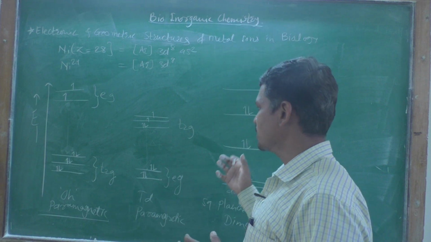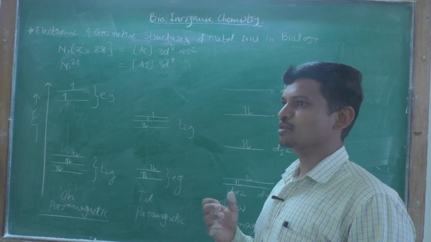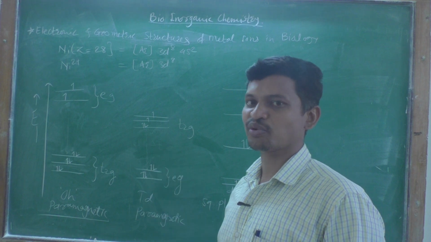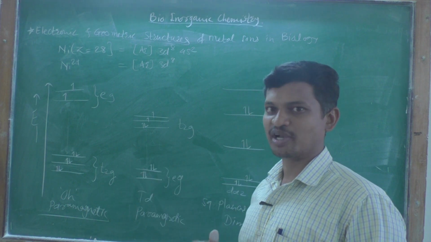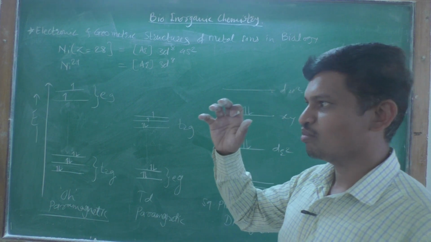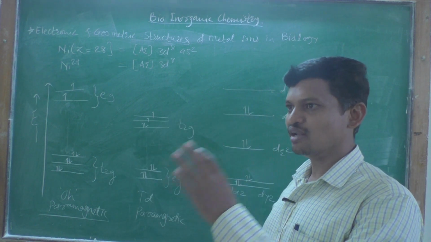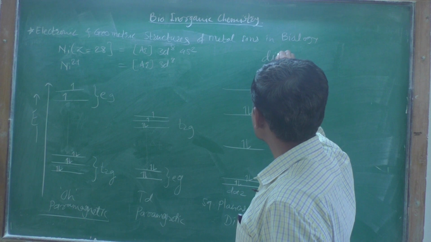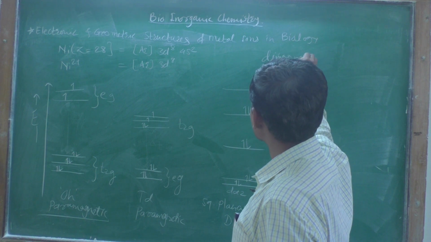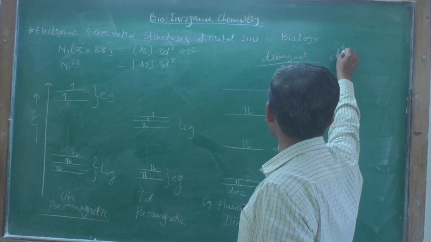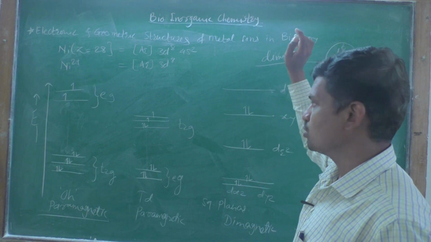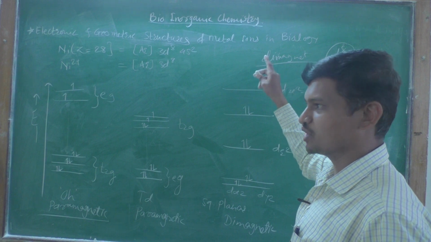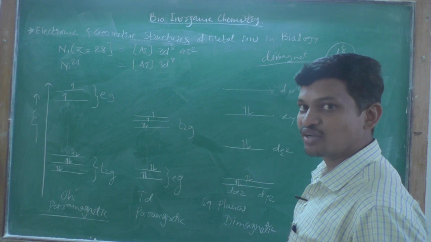When a metal cation is present in a specific protein, and the magnetic property of that protein is found experimentally, if the experiment shows that the metal complex in that protein is diamagnetic in nature, and that metal cation has a d8 electronic configuration, then this indicates that the protein complex is diamagnetic and has a d8 configuration.